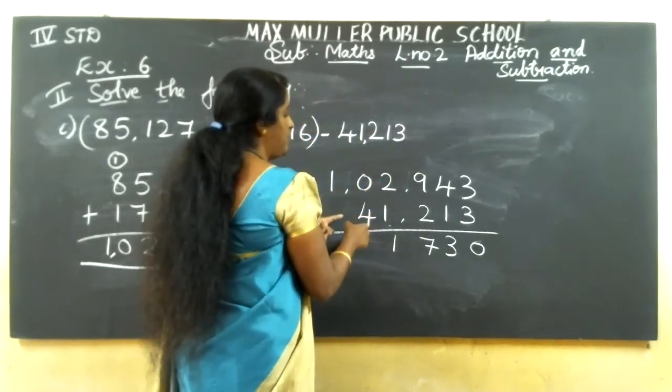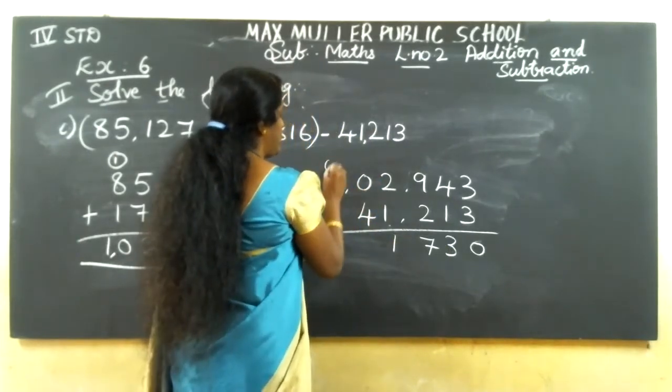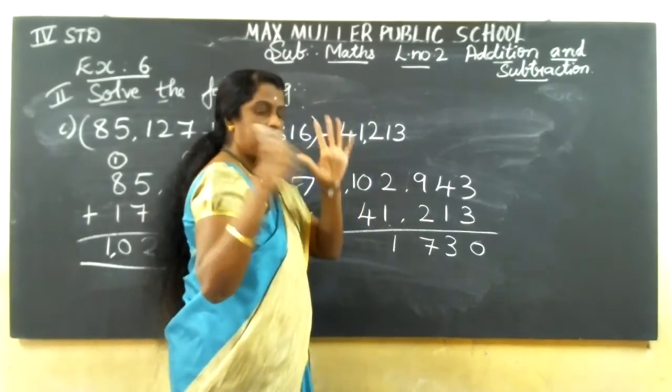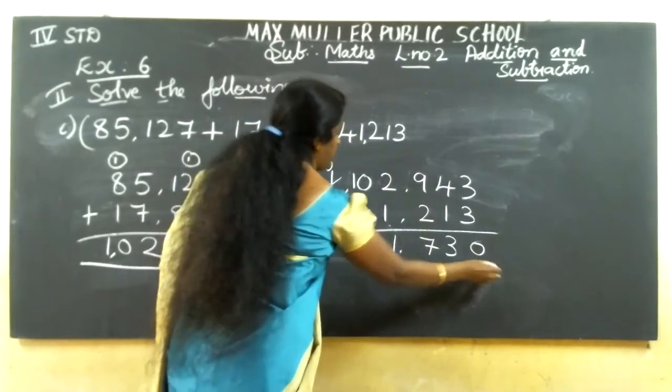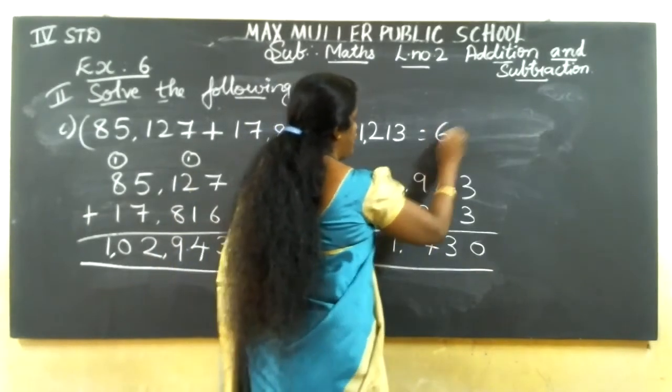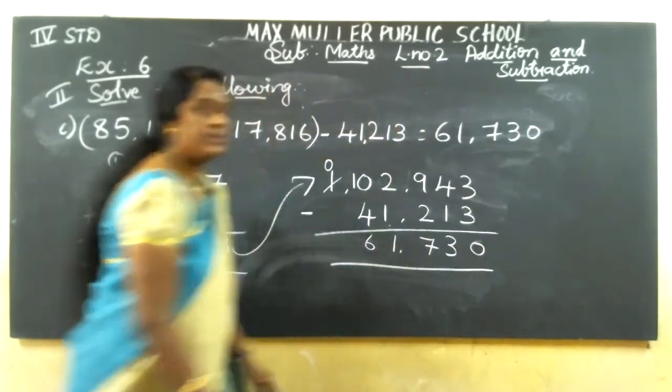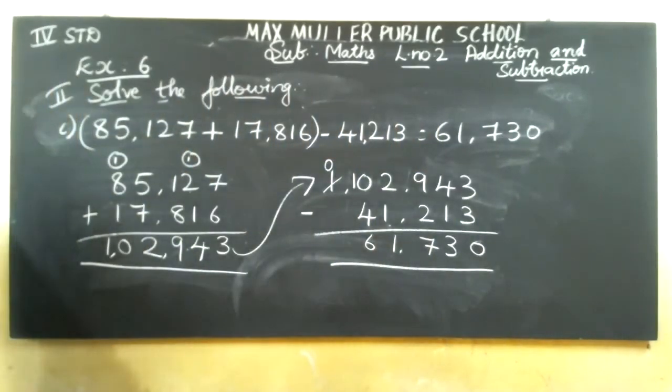Here 0, 4, so you should borrow; this will become 0, here it will become 10. 10, cut 4 fingers, 6. So you got 61,730.